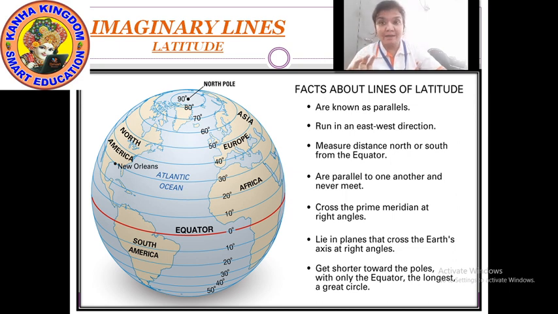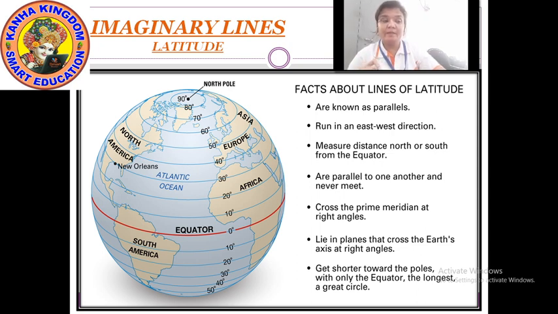Now these lines are parallel and lie at an equal distance from each other. It means the distance between these latitudes, as you can see in the picture, is the same between each parallel of latitude.